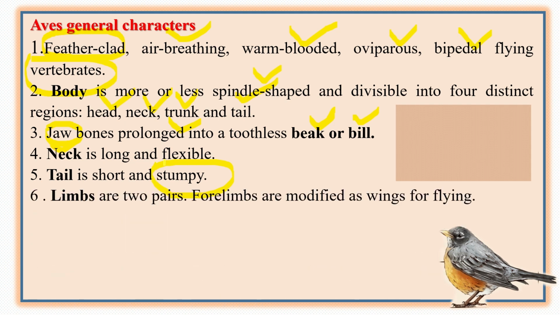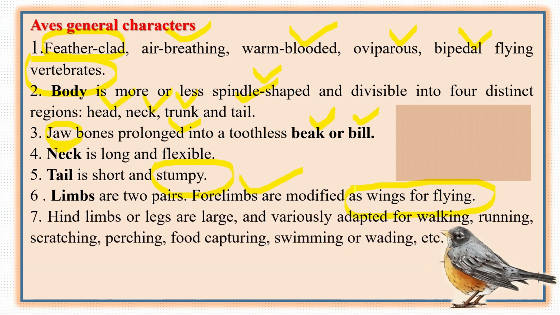Limbs are two pairs, but forelimbs are modified as wings, which are useful for flying. Hind limbs are called legs. Legs are large, variously adapted for walking, running, scratching, perching, food capturing, swimming, and wading.